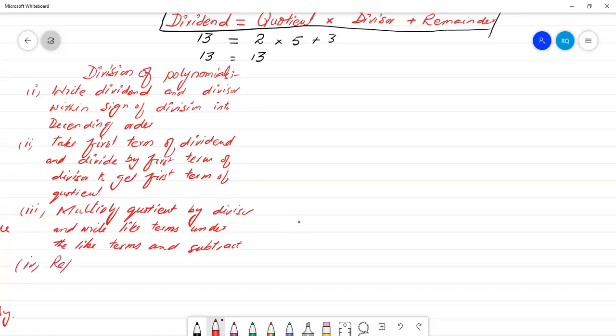Repeat the steps. So beta, you have to follow these four steps.